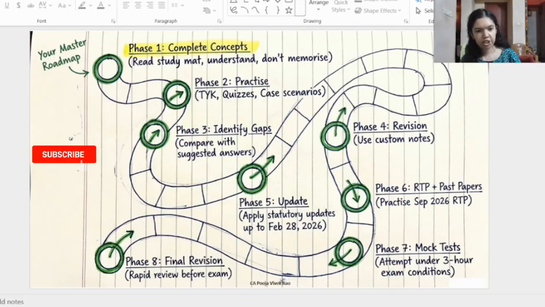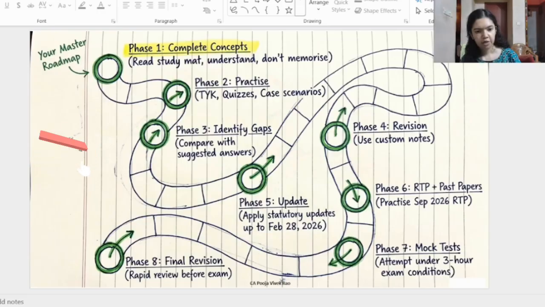Practice the quiz questions given in the study material and go through the case scenario booklet and other relevant practical questions. Then phase 3, identify the gaps. So once you finish practicing, compare your answer with the suggested answer and identify where you are making the mistakes. Then phase 4, revision. So revise your summaries and customize the revision notes.